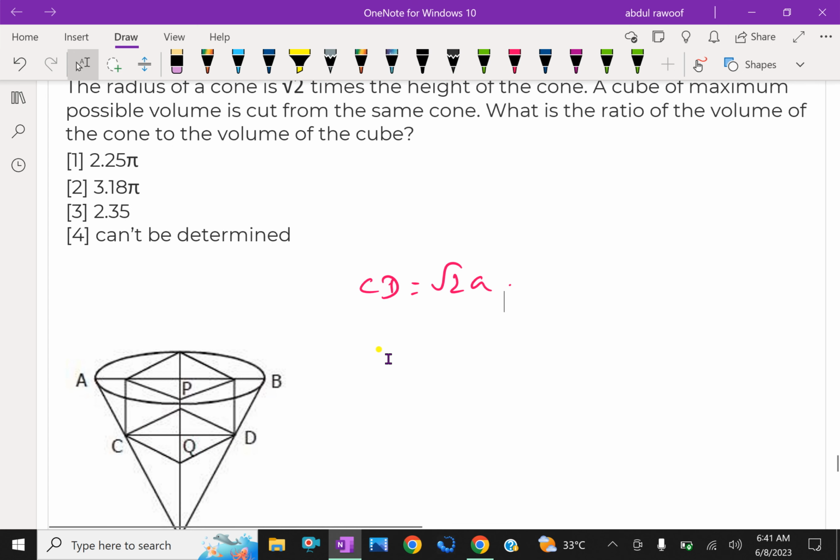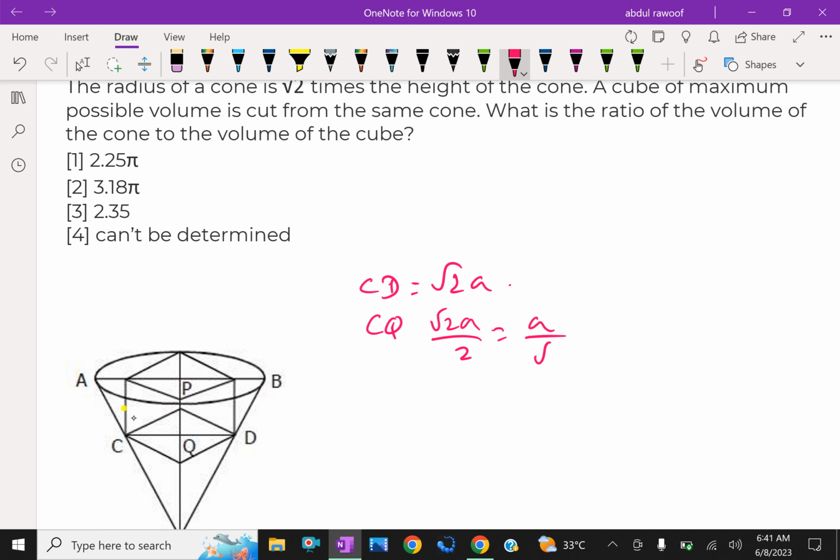Therefore, we can say CD equal root 2 a. Then CQ, look at this one, CQ is half of that, root 2a by 2, which is equal to a by root 2.